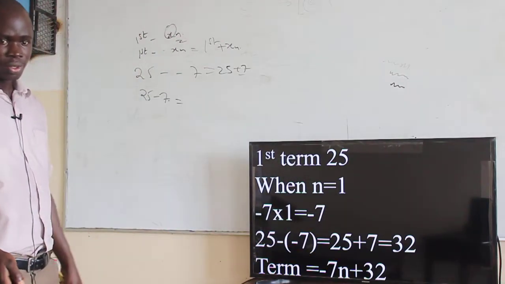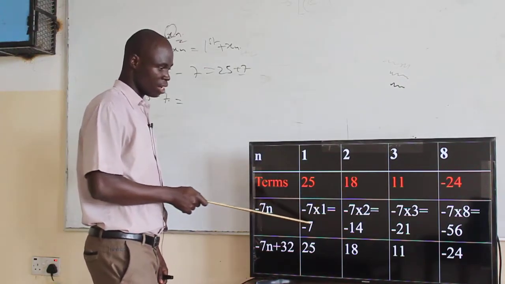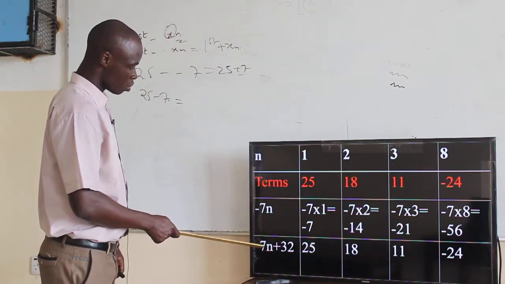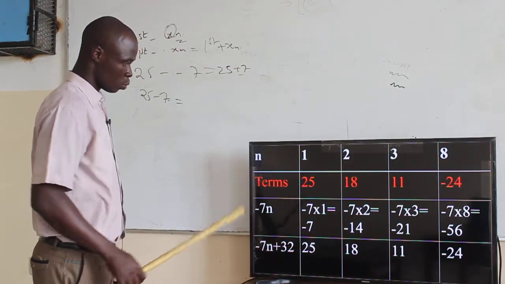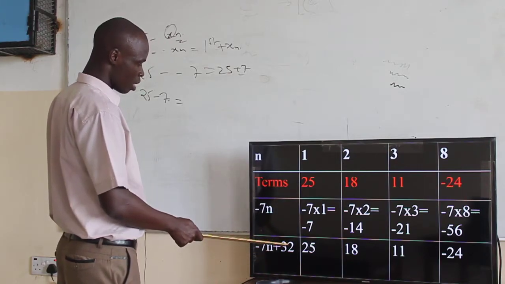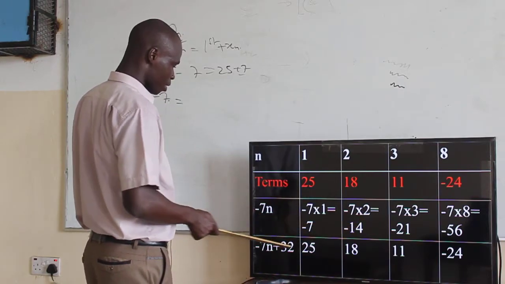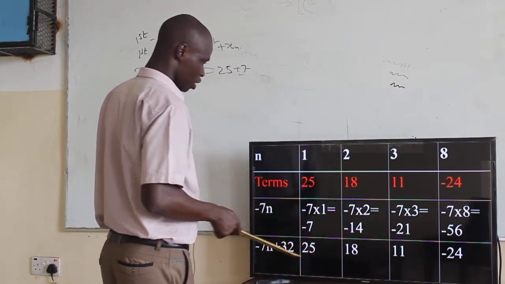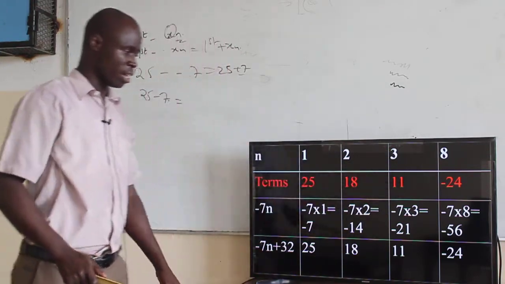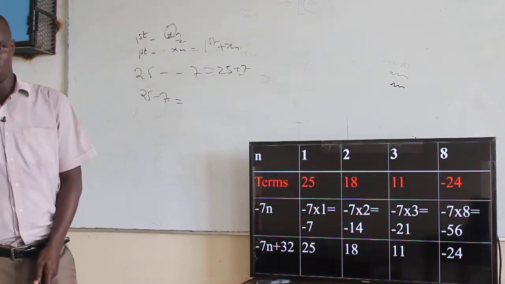So negative 7n plus 32. And the 8th term here, we are going to find. After finding these values, you can now fill in that box over there.